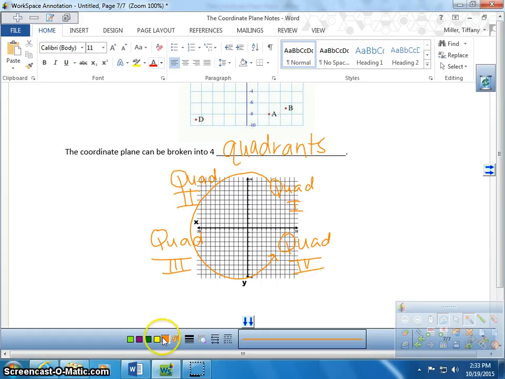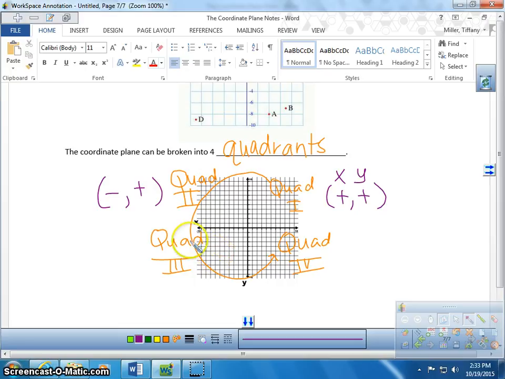Again, each quadrant has something special. So when we're looking at quadrant 1, we know that any point in this quadrant is going to have a positive x and a positive y. So my x is positive, my y is positive. When I'm in quadrant 2, I know that any point in this area, my x is going to be negative and my y is going to be positive.